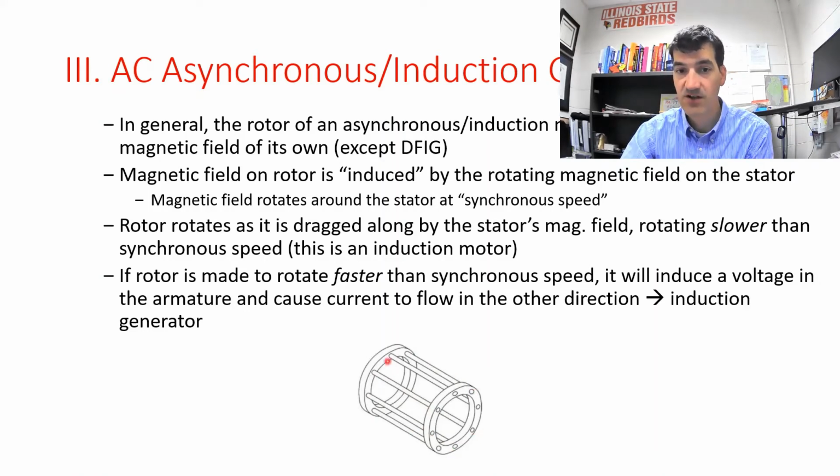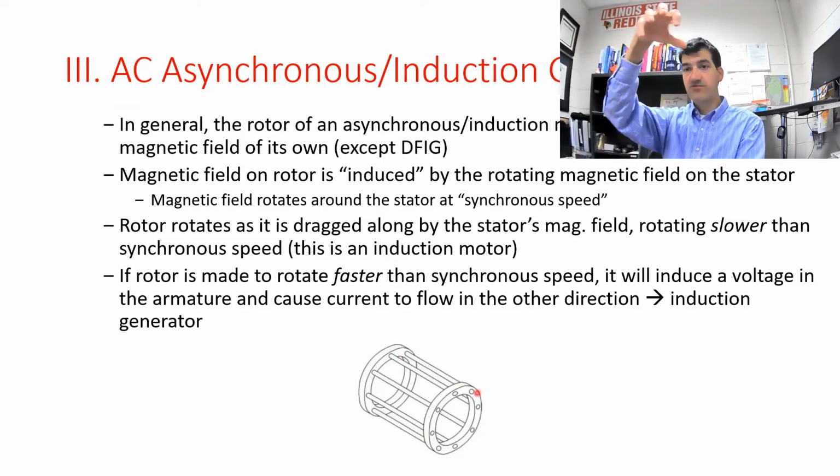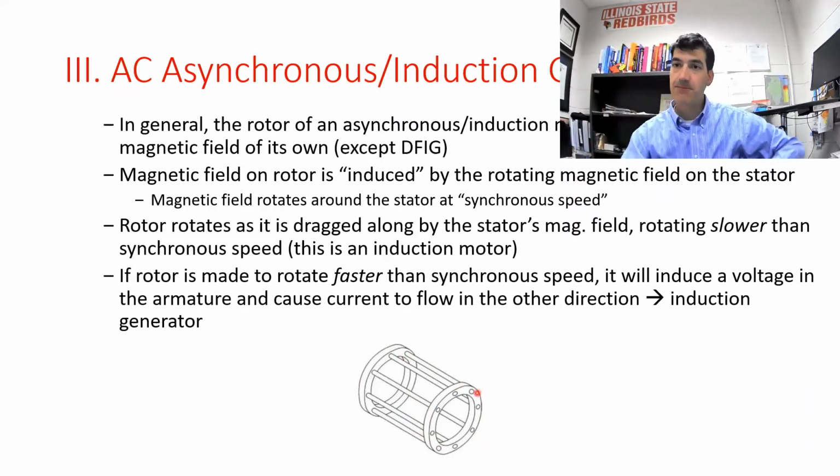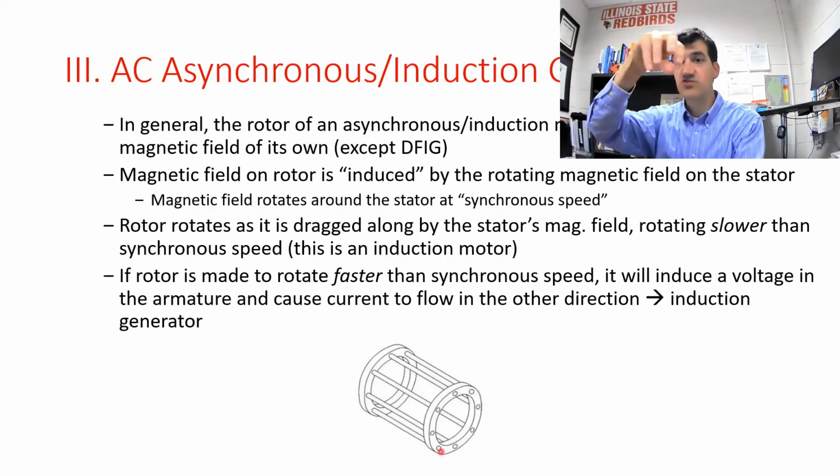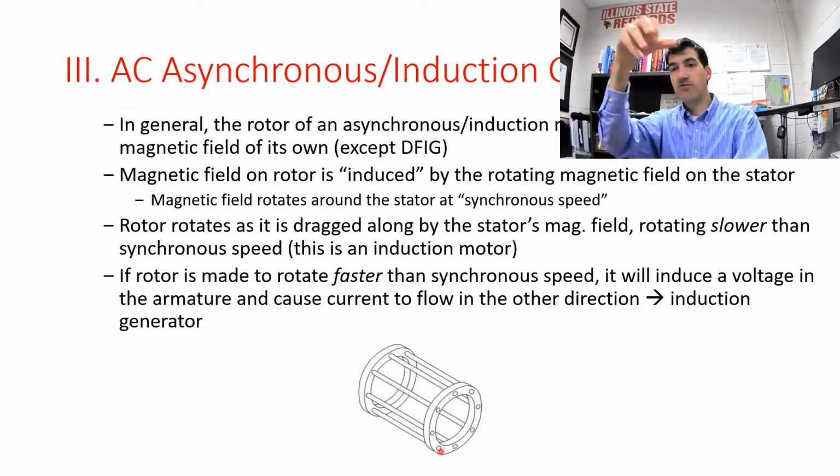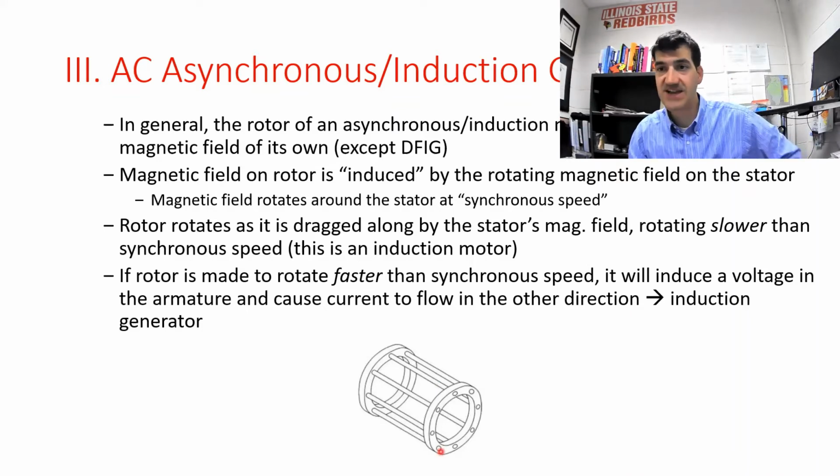And if I have a current going through there, I create a magnetic field. Current causes magnetic fields. And this magnetic field on the rotor interacts with the magnetic field that's rotating around the stator. And basically, this rotor gets dragged along with the rotating magnetic field from the stator. All right, and that's an induction motor.